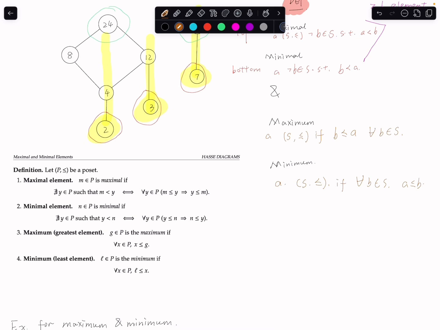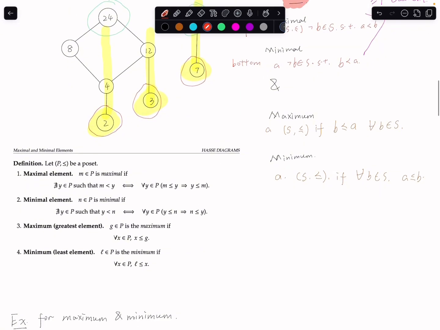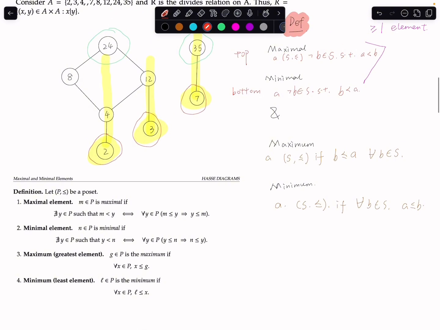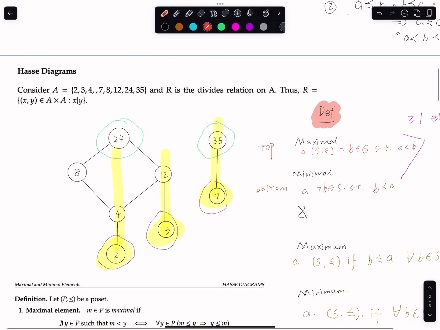Okay, so one of the most important facts about the minimum and maximum, that is both the least element and the greatest element, is that it is unique when it exists. So that is very highly important. So consider this problem back.